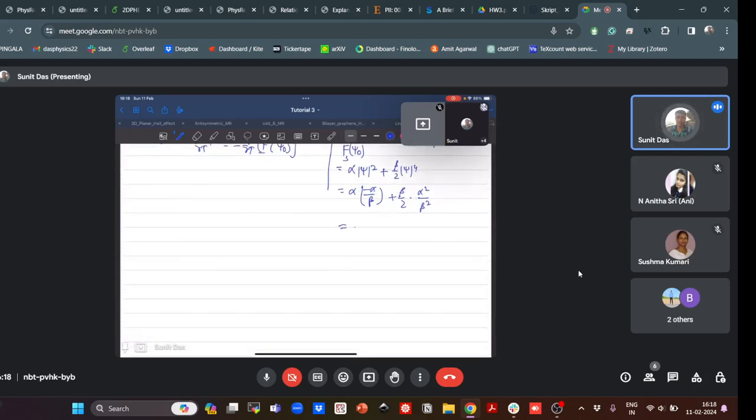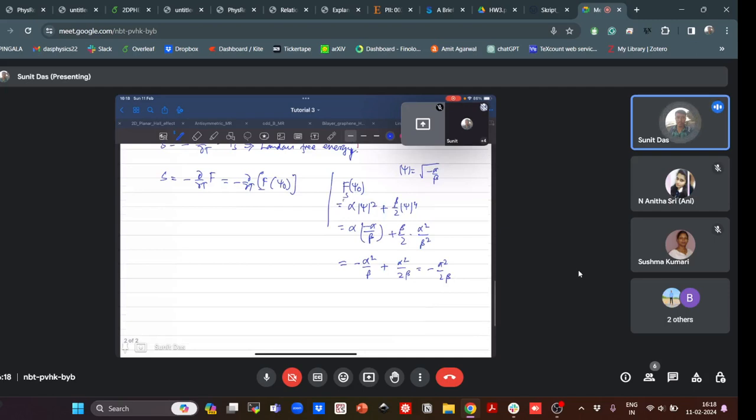So this will be minus alpha squared by beta plus alpha squared by 2 beta. That means minus alpha squared by 2 beta. So this is F_s at psi_0. So minus ∂_T of minus alpha squared by 2 beta, that means ∂_T of alpha squared by 2 beta.